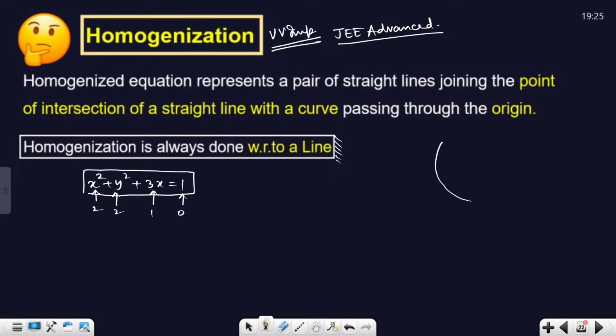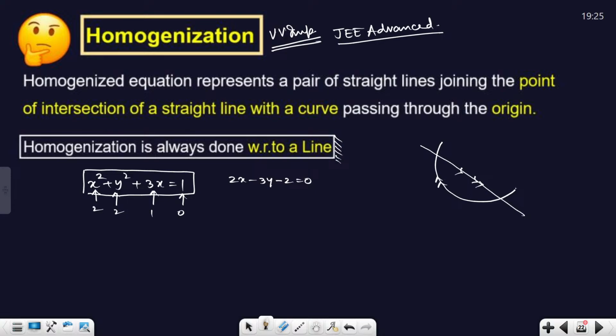Suppose any curve is given to us, and we are having a line. Now we will homogenize this curve with the help of this line. Let us say for this equation, our given line is 2x minus 3y minus 2 equals 0. I'm taking a rough example. Now, how to homogenize this equation with the help of this line?